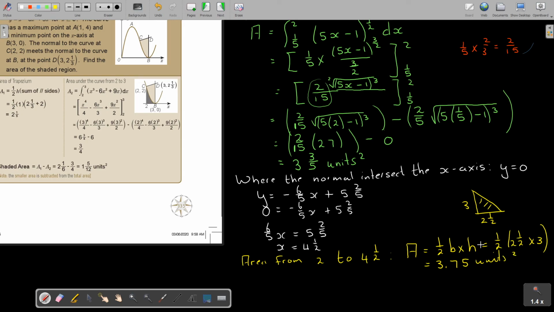Okay, so here comes the final. So therefore, the total, what is that total shaded area? That is going to be 4.5 plus 3.75.